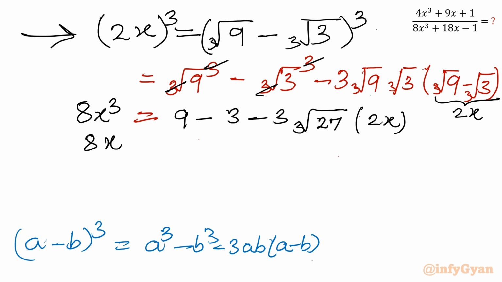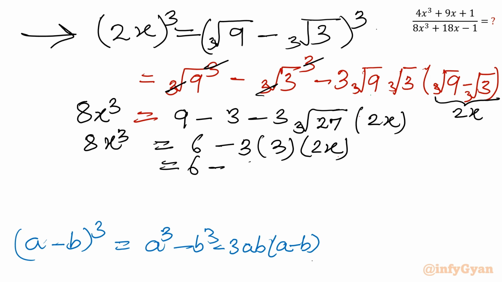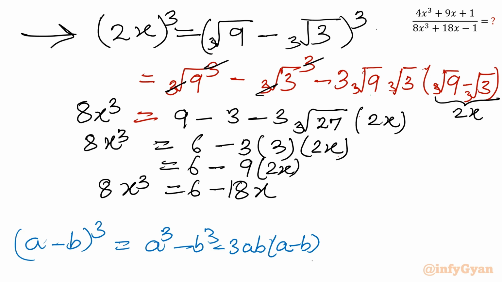If we simplify further the RHS, then 9 minus 3, 6 minus 3 times cube root of 27, we will write 3 again, then in bracket 2x. So in next step we can write 9 minus 6 minus 9 times 2x, which is 6 minus 18x, and LHS is 8x cube. If I add 18x to both sides, then 8x cube plus 18x would be 6.